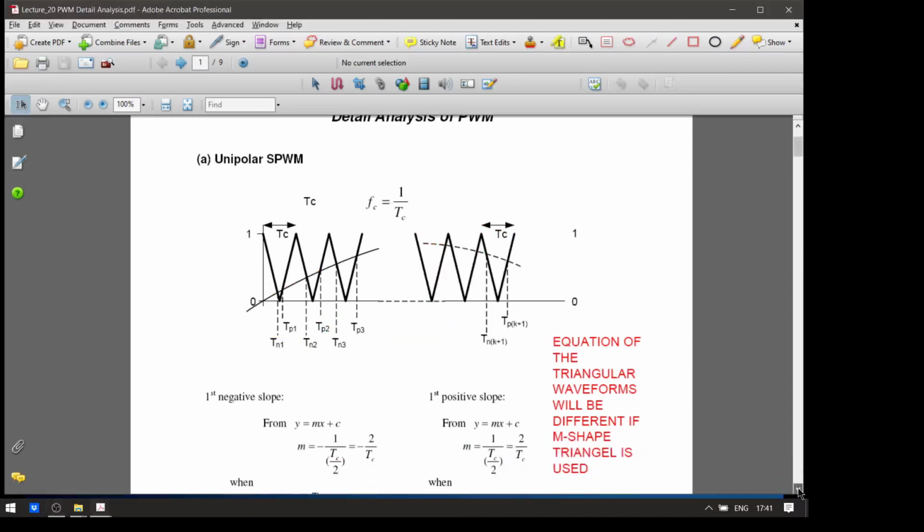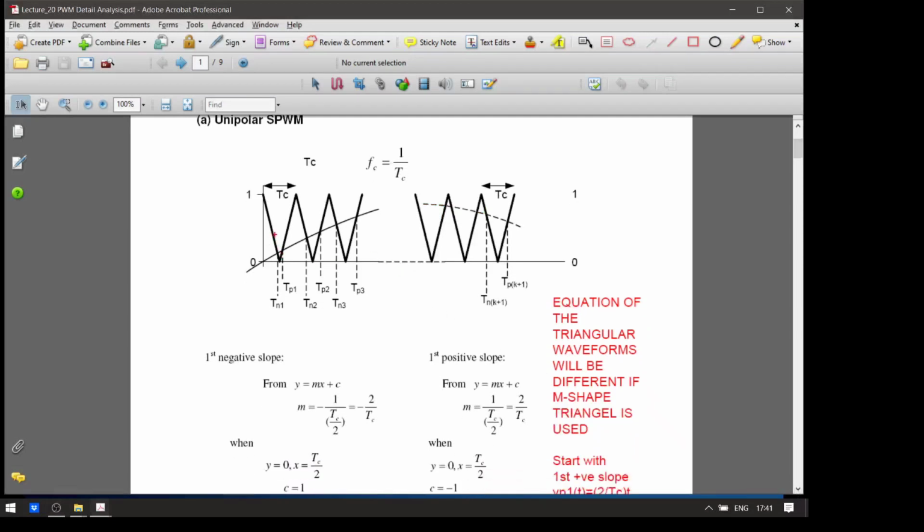So we start with the first negative slope, which we refer to as that line. From y equals mx plus c, m, the slope, is always delta y divided by delta x. We have this point as (0, 1), and this point is TC over 2.